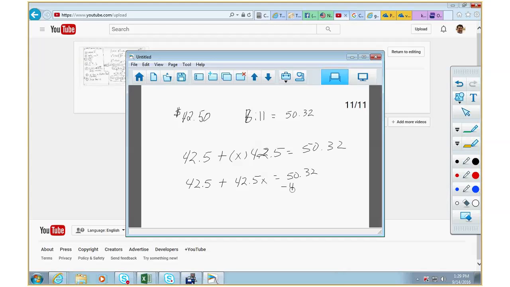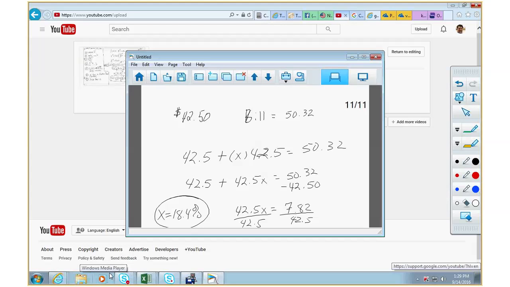Minus 42.50, that's right, class. So 42.5x is equal to 7.82. And then divide by 42.50. And somebody give me that number. So you just gave them 18% tip.